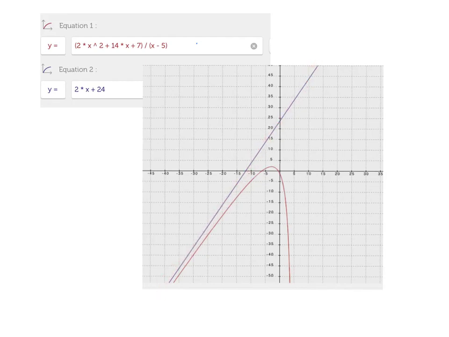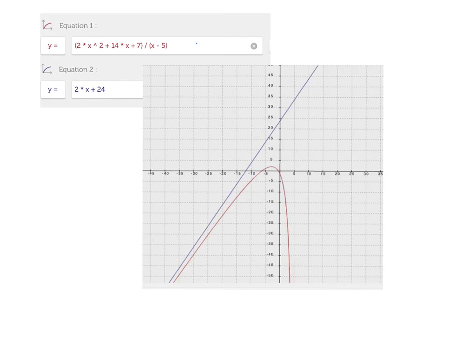So that is our oblique asymptote. We also said that there was a vertical asymptote at 5, and so right here at 5, again you can see that our curve is getting closer and closer to that, but it's not actually touching it.